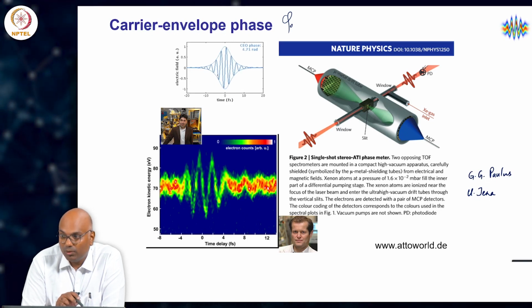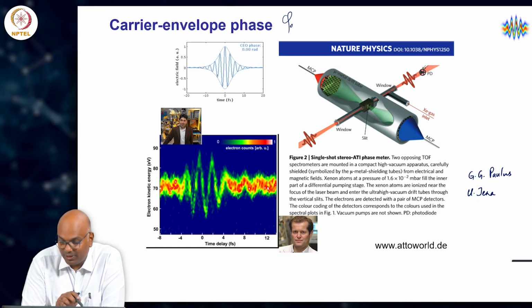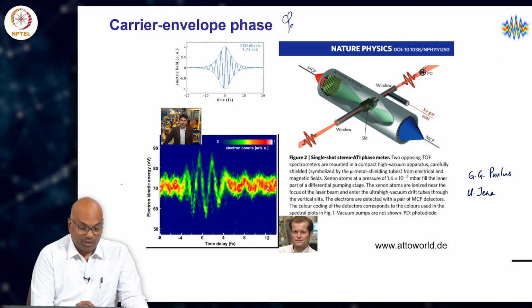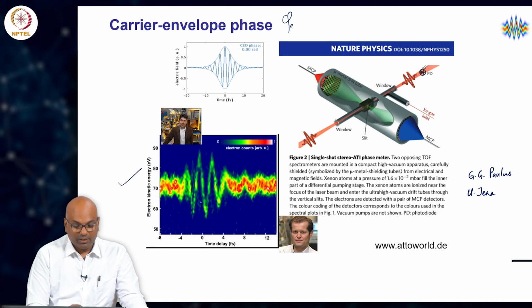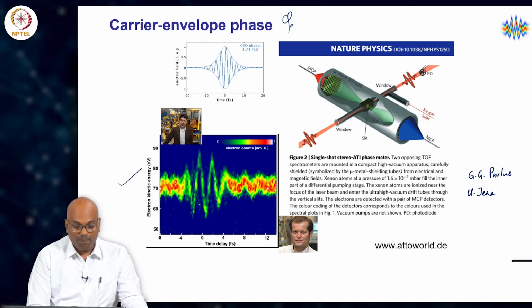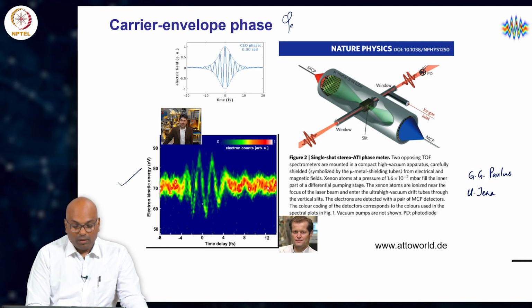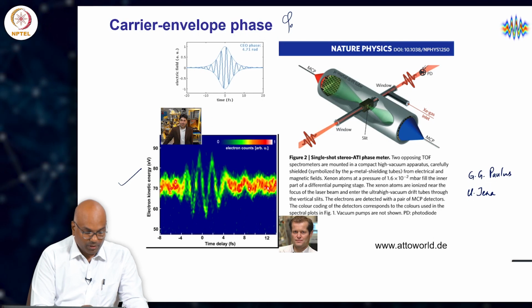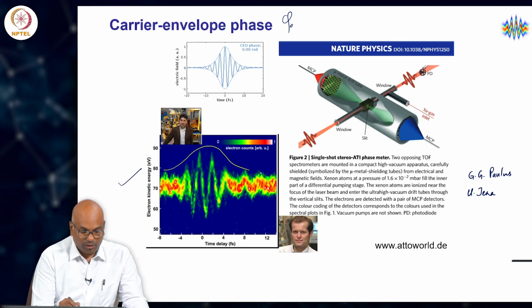Right. So, there is a technique which is shown here, but the whole point is that we can measure out the fields like this. Here is a real true measurement of a pulse. You can try and visualize its carrier envelope phase, but I wouldn't actually.